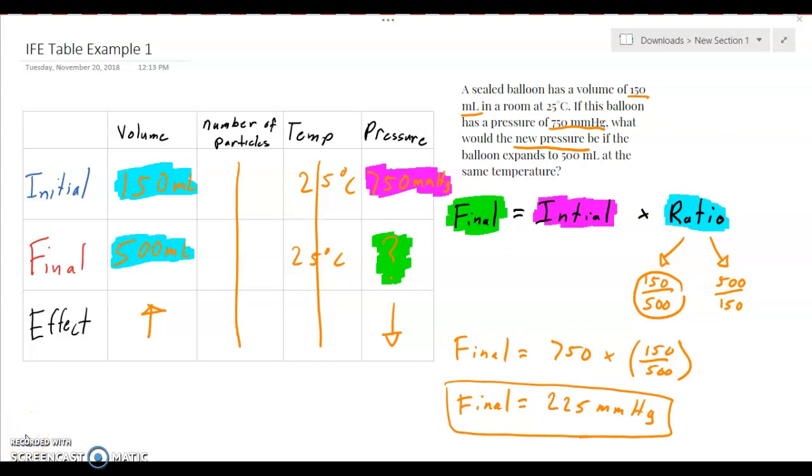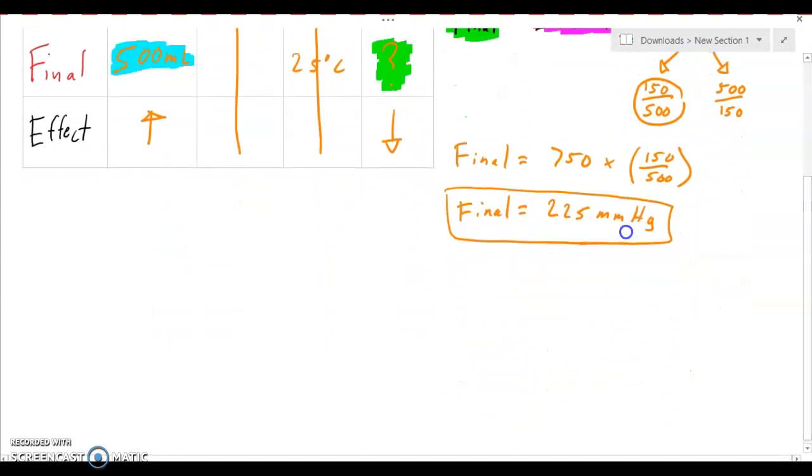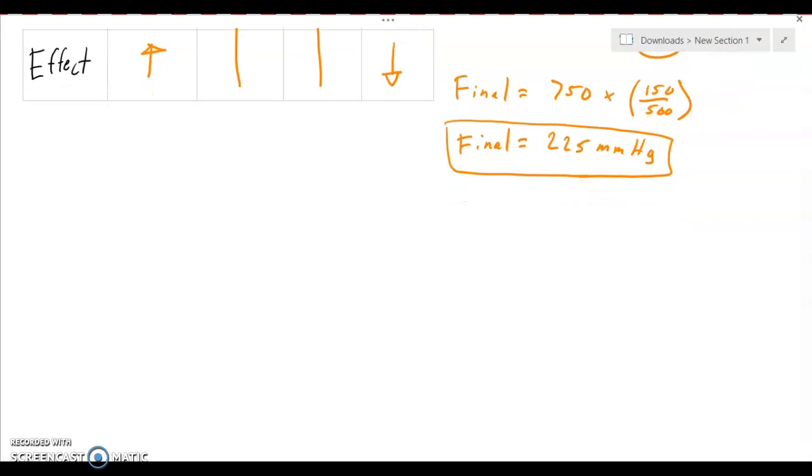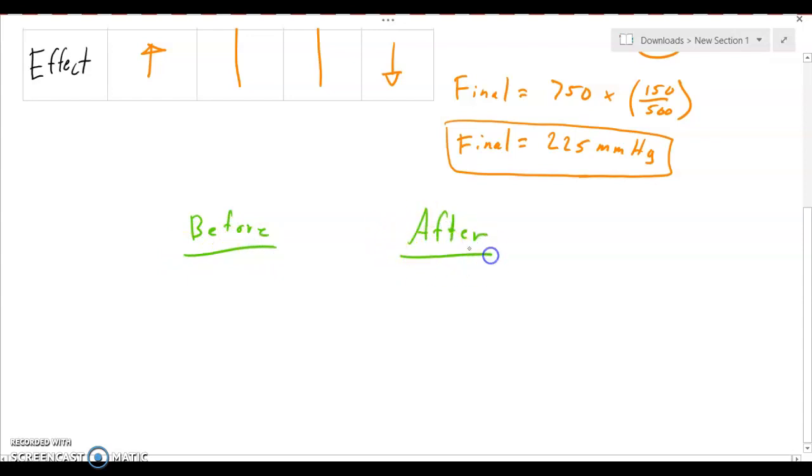The last thing you will have to do for an IFE problem is to draw the particle scenario. So what you'll want to do is write before and after, and set up a particle drawing.